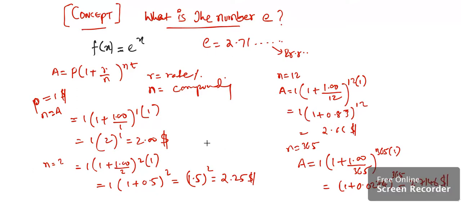As you can see how it is increasing, and it goes up to 2.71, which is nothing but e, 2.71. This concept was given by Euler, the famous mathematician, so we call it Euler's number, e, which will give you 2.71.